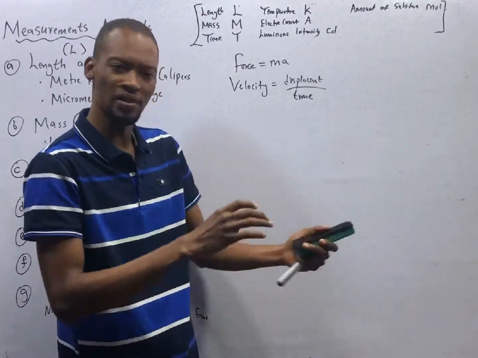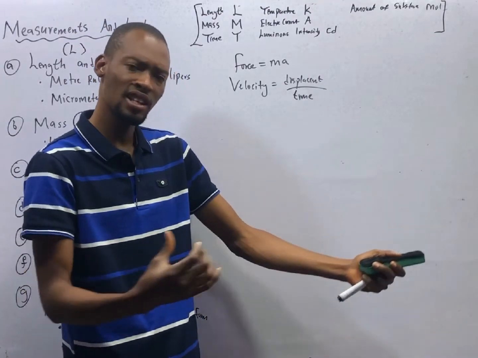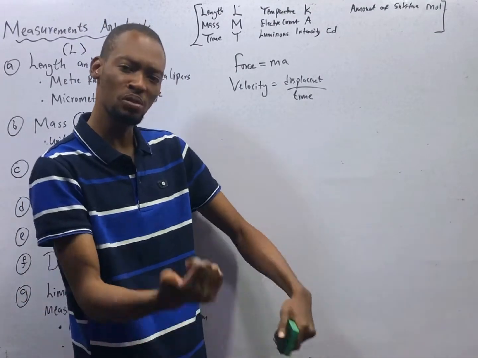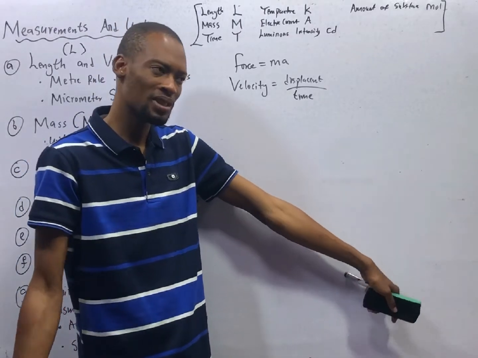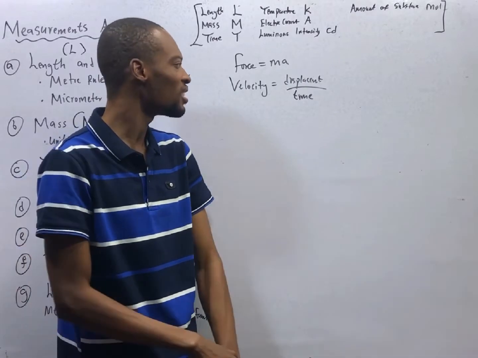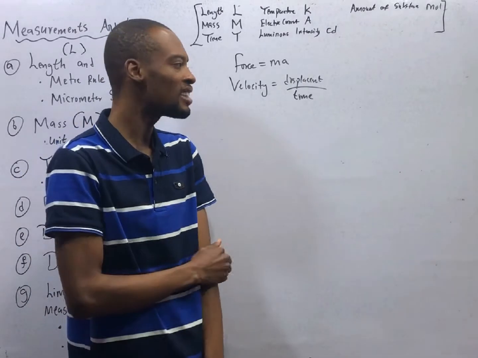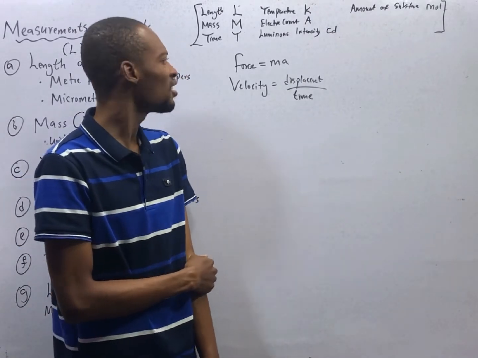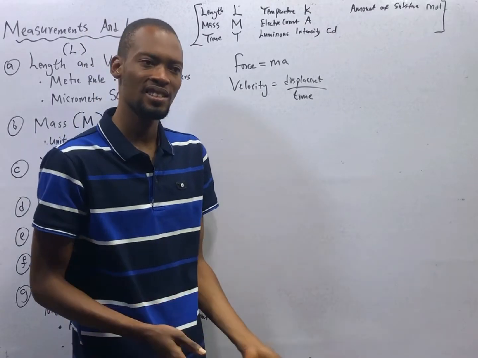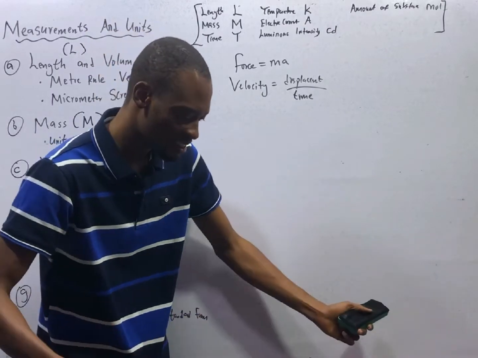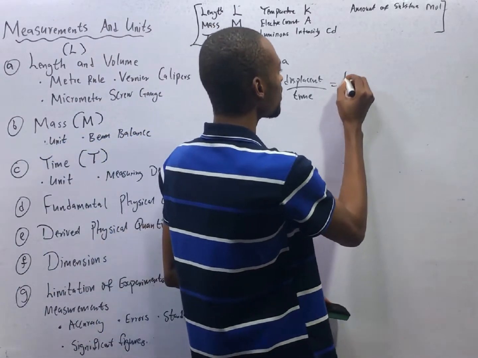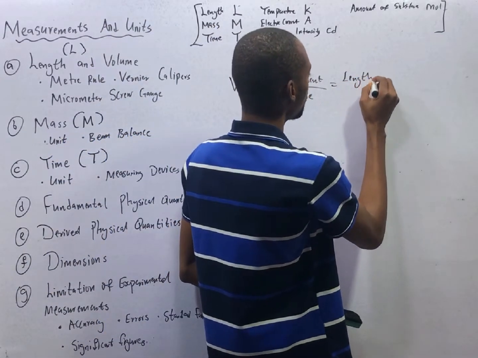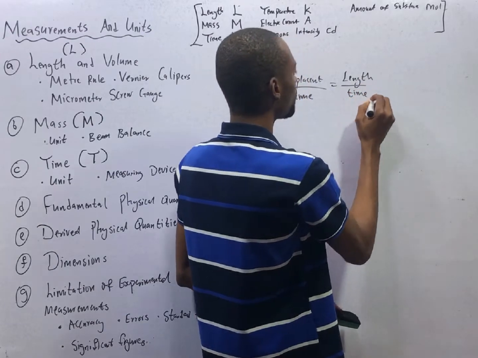Displacement speaks of distance, the ground covered by an object, like the difference between the starting point of an object and the ending point of an object. That is displacement, the distance covered in a specified direction. And talking about distance, distance speaks of length. Distance, space, length, that is about length, which means this is like saying length over time.